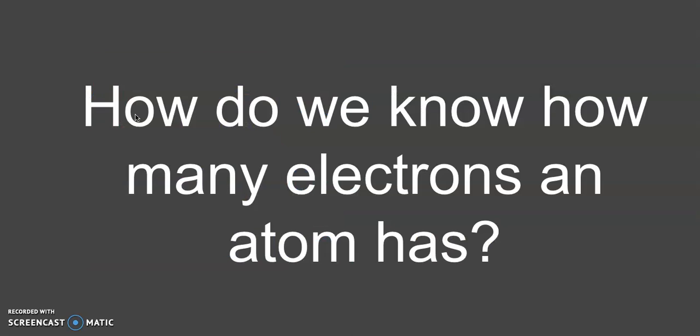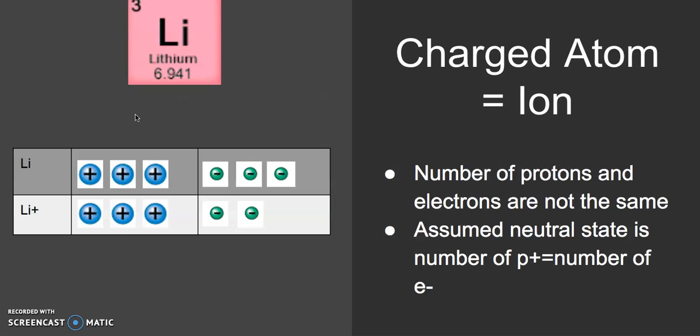Then how do we know how many electrons an atom has? Normally we think of the default being that our atoms are in a neutral state. That is, the number of protons, so the number of positive charges, equals the number of electrons, or negative charges.